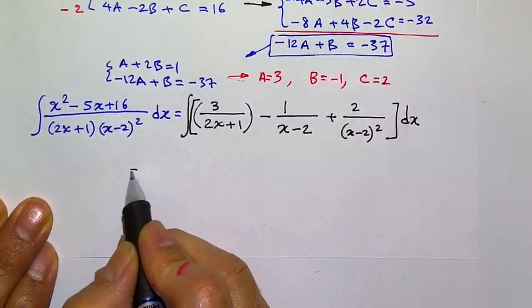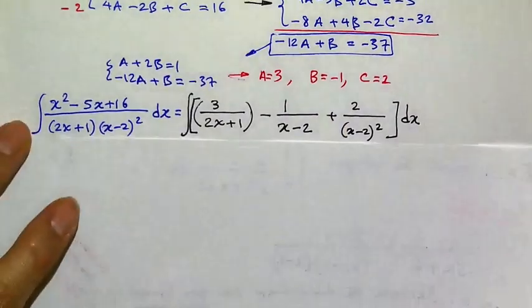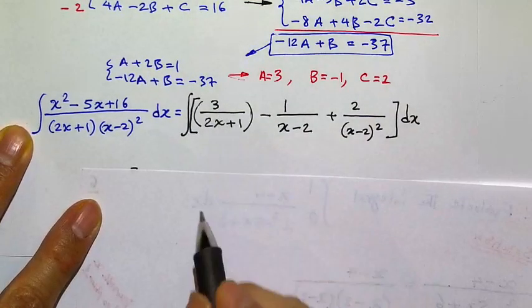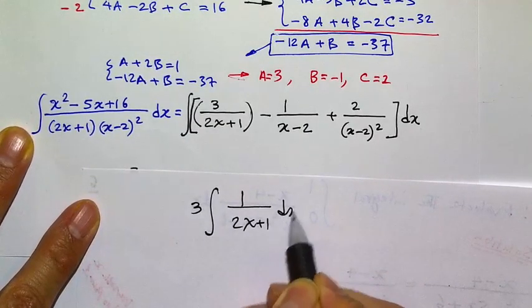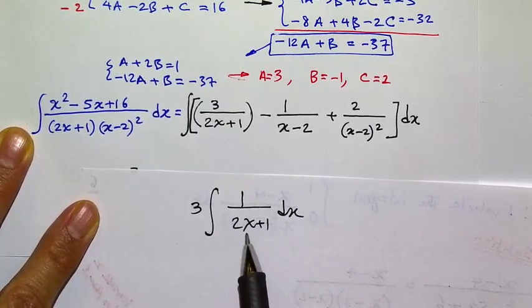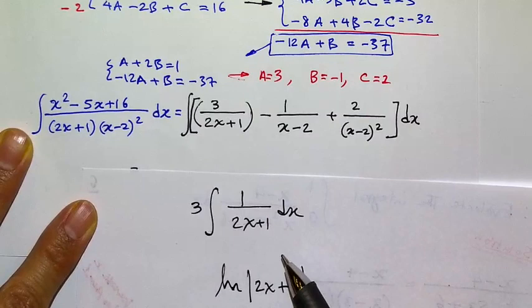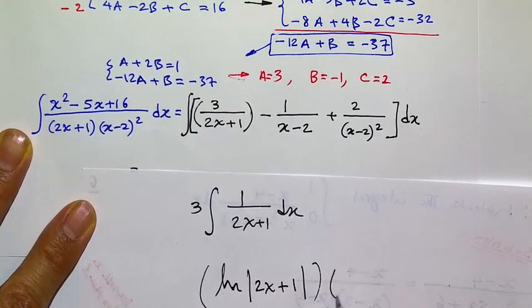So we have, this is just 3 times, let me use a scratch paper here, because I don't have much space here. So this first term really is 3 times the integral of 1 over 2x plus 1 dx, right? If we integrate this, we will get natural log of the absolute value of 2x plus 1, but we gotta be careful, because when you take the derivative of this, it'll be 1 over 2x plus 1 times 2 by the chain rule.